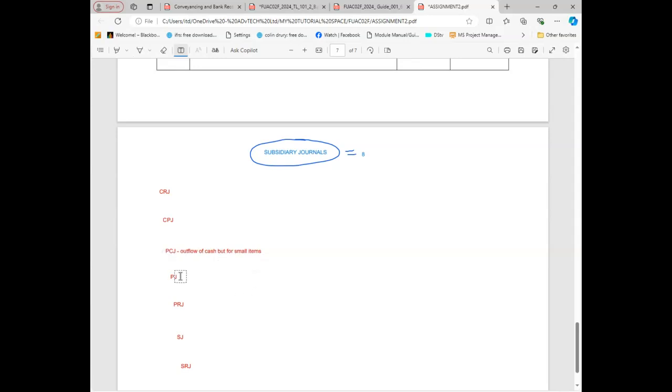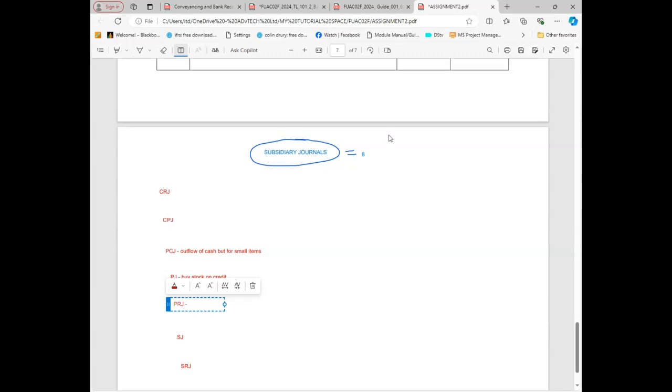So the other one is called purchases. So the purchases journal is the one. I don't know if you want to try it before I show. Maybe when you buy stock, we'll go in the purchase journal. When you buy stock, that's important, listen up, when you buy stock on credit. Does that make sense? PRJ stands for purchases returns.